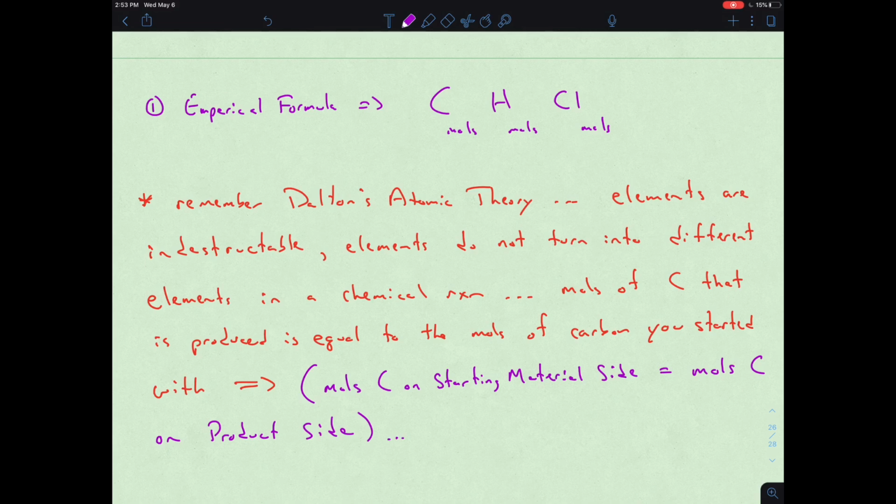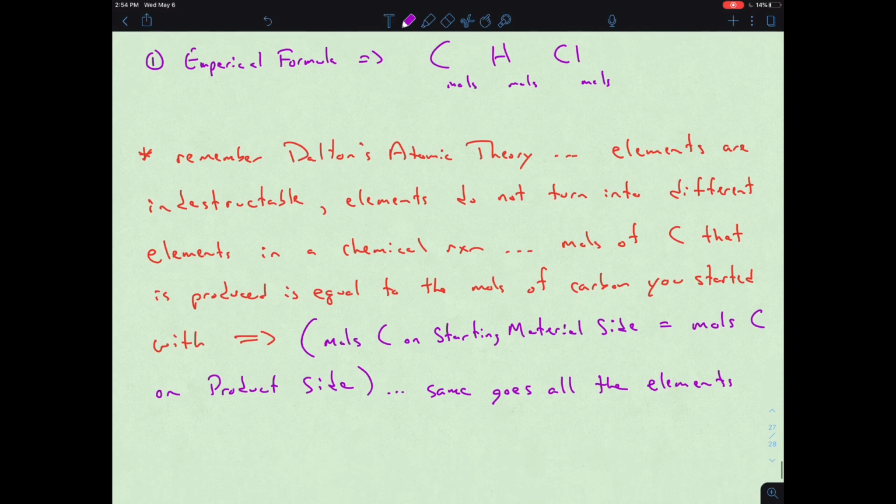And the same goes for all the elements. Like we have here with hydrogen and chlorine, oxygen, right, etc.